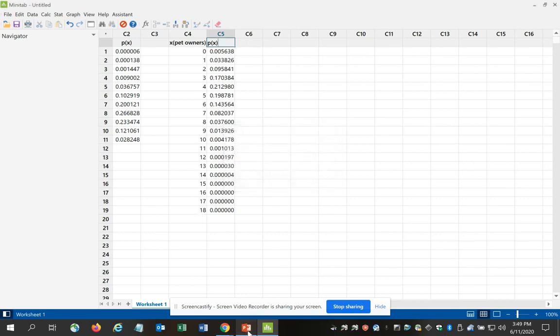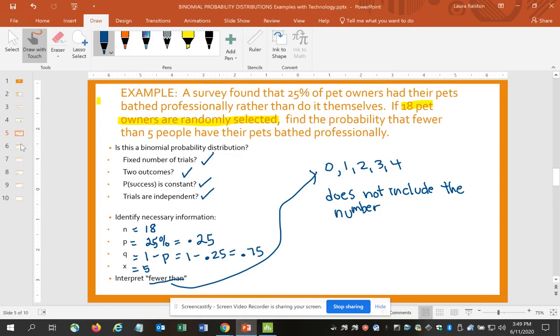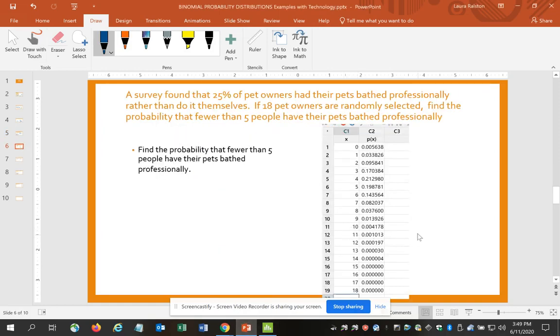in a table form. And again, I've copied that onto our slideshow so we can see it and talk about it. And again, we want to find the probability of fewer than 5, which we talked about means you want 0, 1, 2, 3, or 4. We do not include the 5. So again, we're going to add those numbers together.